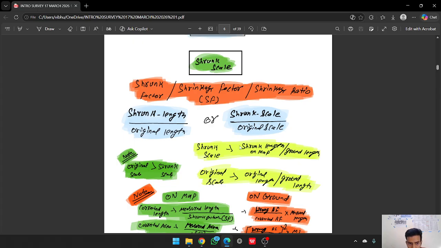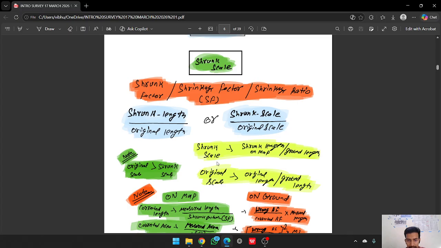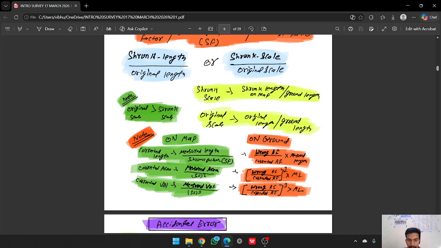Original scale is always greater than shrunk scale. Shrunk scale is equal to shrunk length on map to the ground length. Original scale is equal to original length on map to the original length on the ground. On map, corrected length is equal to measured length upon shrunk factor or shrinkage factor.